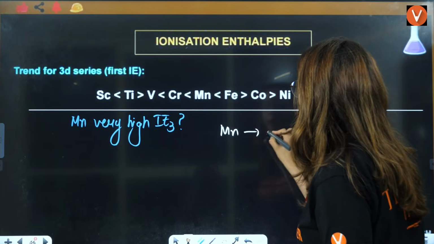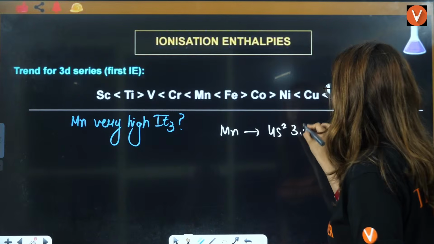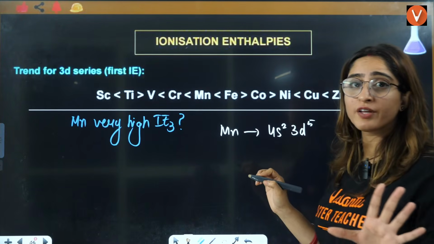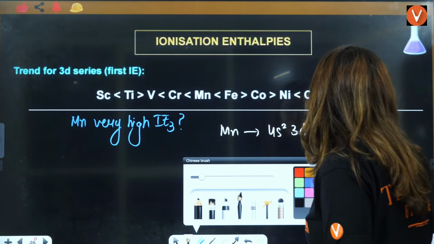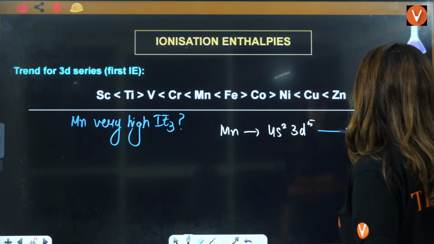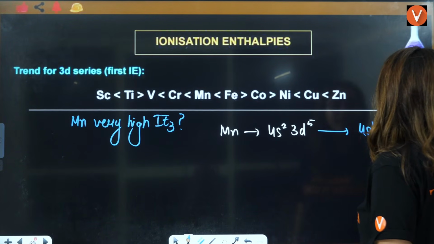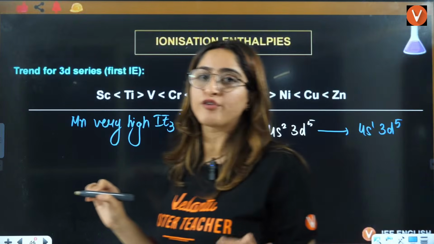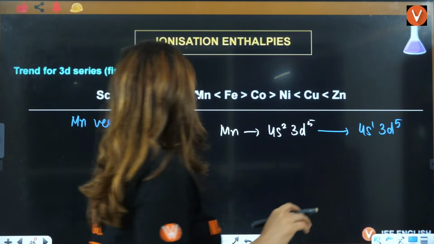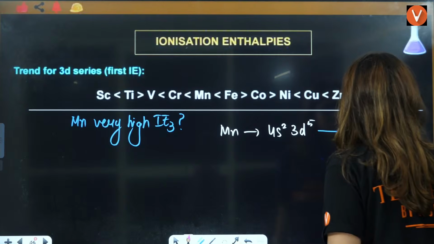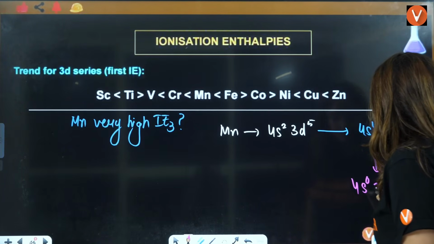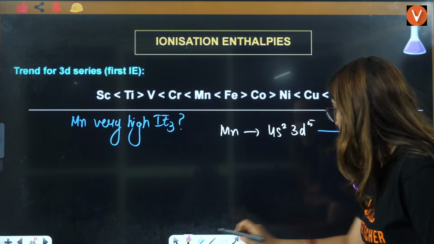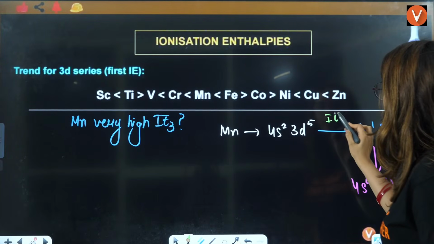You will say, ma'am, manganese is 4s2 3d5. Electronic configuration you have to be pro in. After losing one electron, it will become 4s1 3d5. The electron is always taken out first from 4s. Now after losing one more electron, it will become 4s0 3d5.